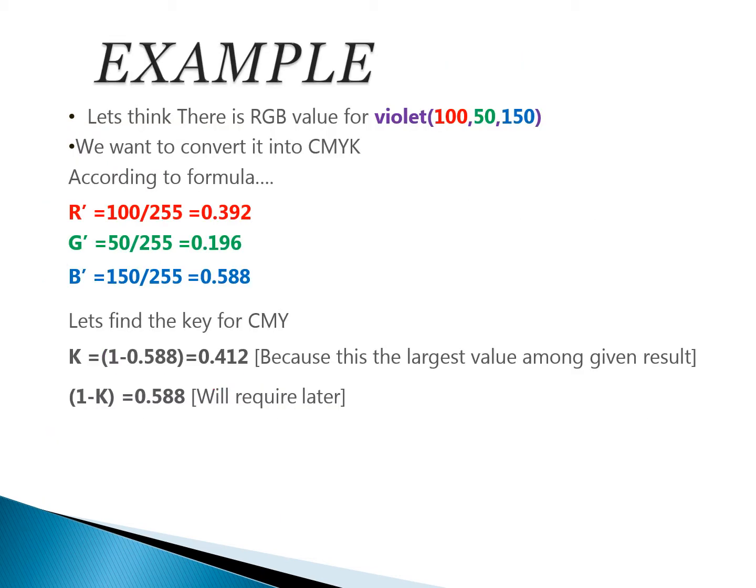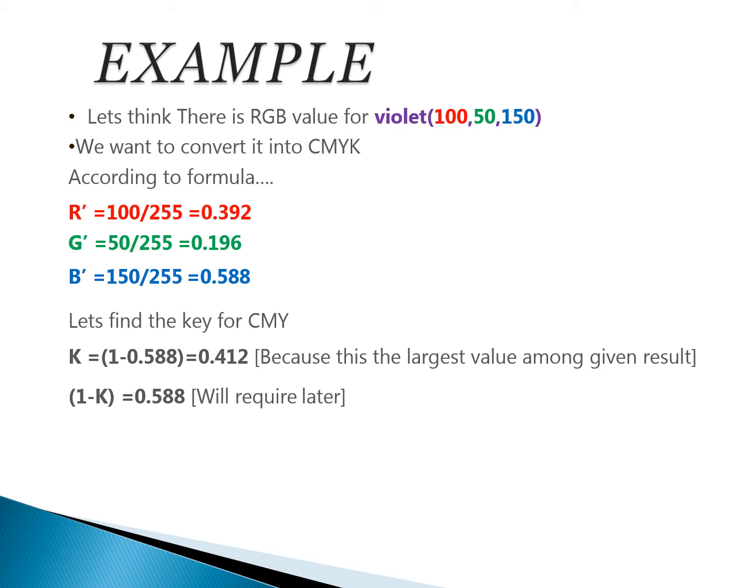Let us take one example to convert RGB values to the CMYK color model. Let us take the color violet, which is expressed in RGB values. For violet, the red component is equal to 100, green is equal to 50, and blue is equal to 150. These colors are expressed as values from 0 to 255.